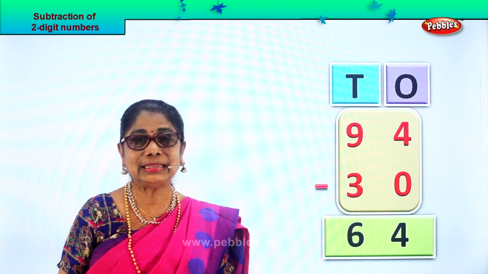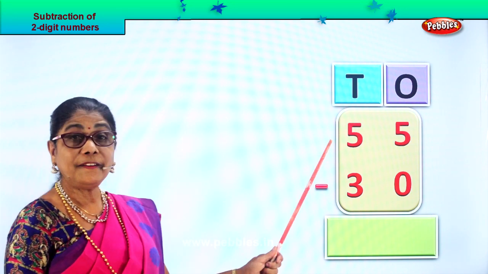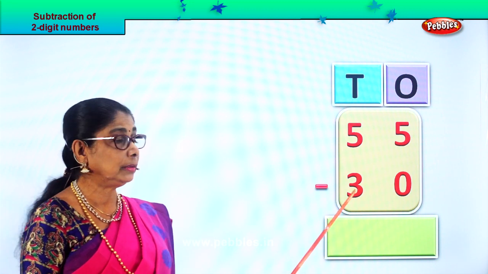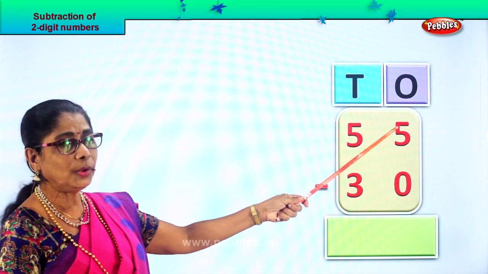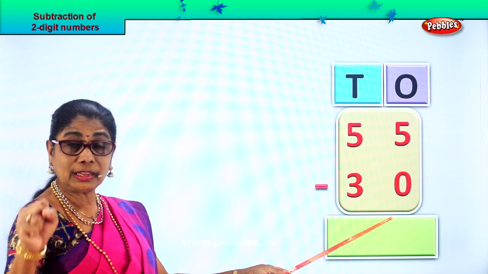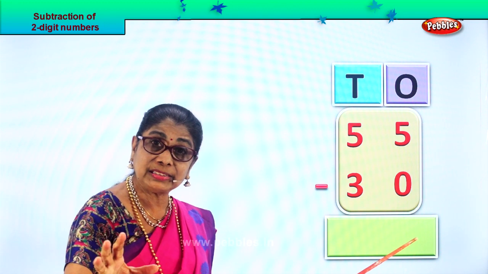Did you enjoy? Shall we look at another new sum? Good. 55 take away 30. 55 minus 30. 5 ones minus 0 gives you the answer 5 itself.